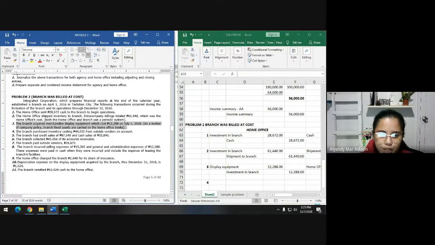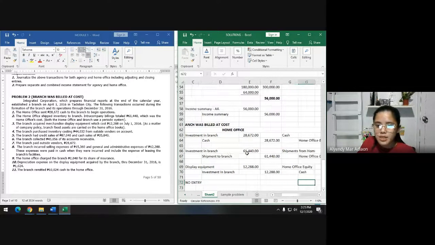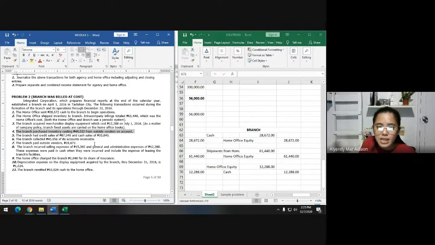Okay, so next, number 4. The branch purchased inventory costing 44,032 from outside vendors on account. So class, even though there are times that the home office will be the one to ship inventory to the branch, there are also times when the branch acquires from outside vendors. In that case, there will be no entry on the part of the home office, because it is not a transaction between the home office and the branch. This is a transaction between the branch and the outside vendors.